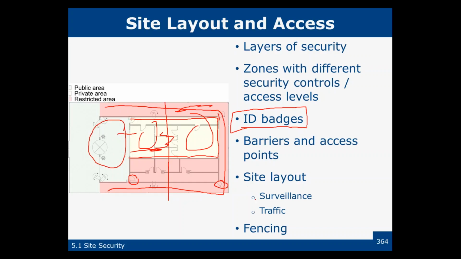The site layout, surveillance: probably going to have CCTV surveillance throughout the building. Those are typically going to be on a motion sensor, and then they'll be recorded as well as seen. You need to be sure that the pictures that you get from it give you what you need to see from those systems.